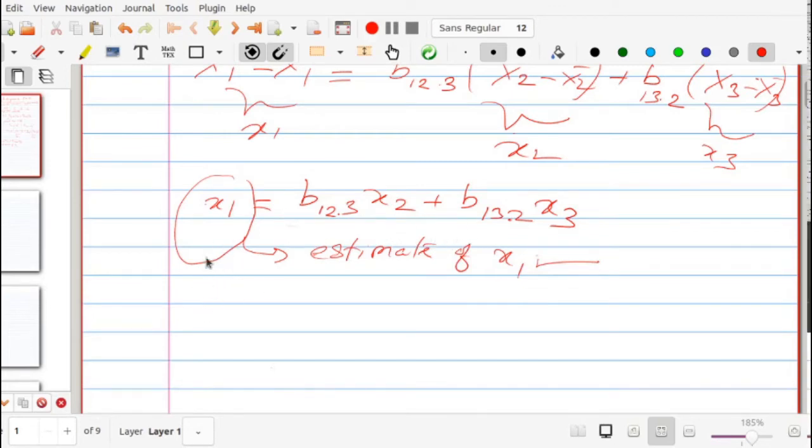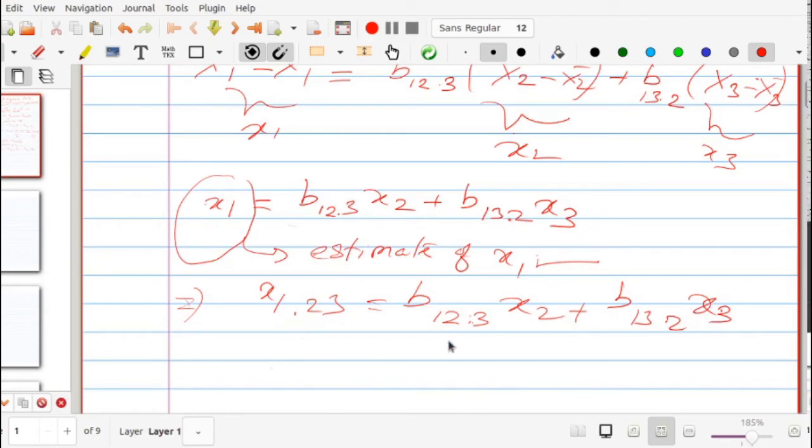So this is also referred to as x1.23, the regression coefficient of 1 on 2 and 3 together. In case of a multiple regression, we call it this way. So here we have two variables. We can have more than two variables as well.